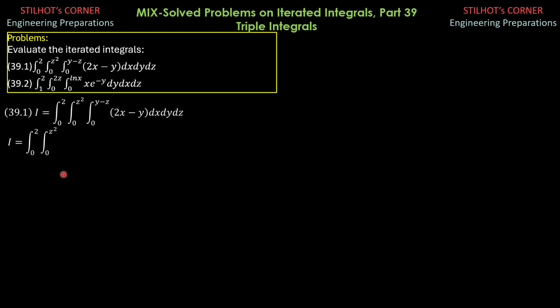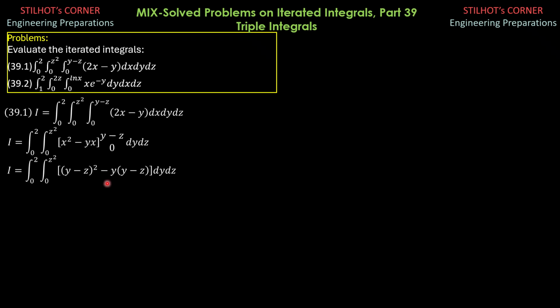So that would be x squared minus yx from 0 to y minus z, dy dz. Substituting limits, that would be quantity y minus z squared minus y times y minus z, then minus the lower limit 0, dy dz.